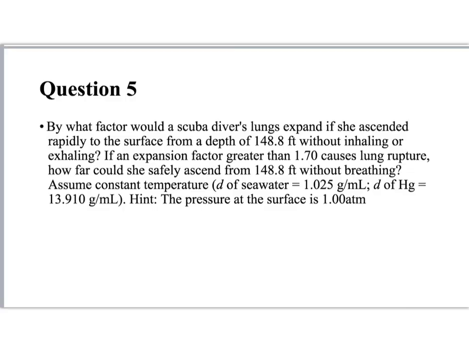This problem here is a pretty difficult problem for students to comprehend and might be too long for an exam, but it should still be something that you can be able to figure out. And the power is here that we can relate the depth of how deep a diver goes. So we can relate this increase in depth to pressure.